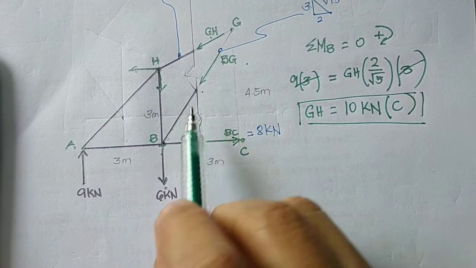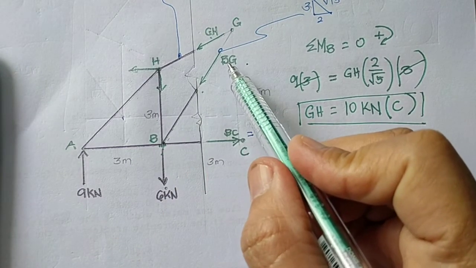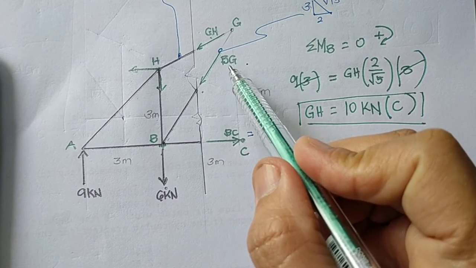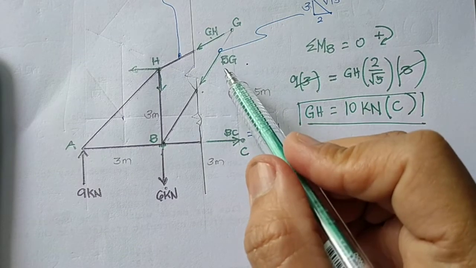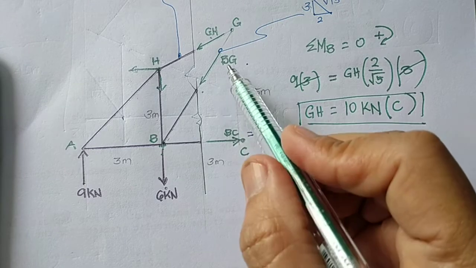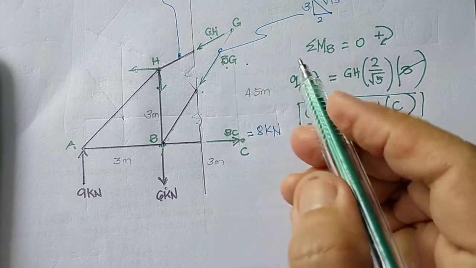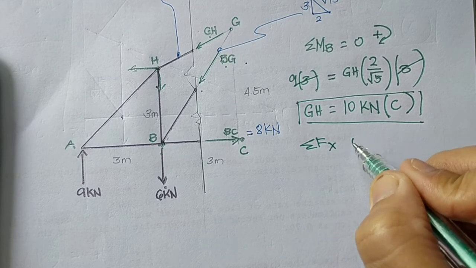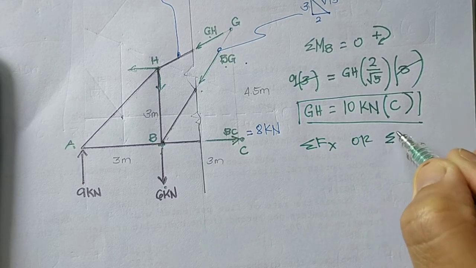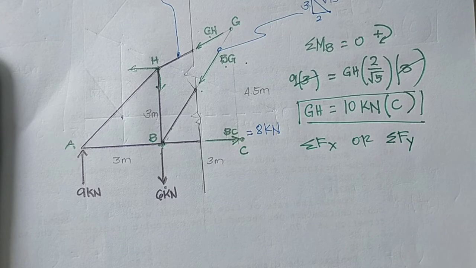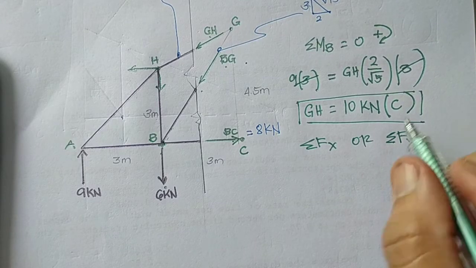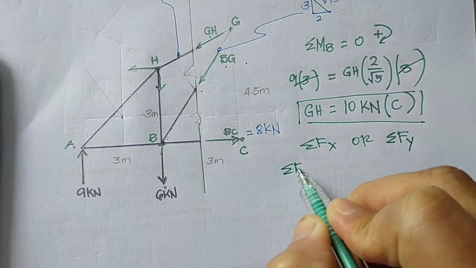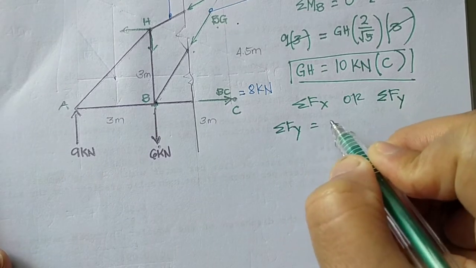Okay, so because BG is the only one left that the stress should be still determined, we can use the summation of force along x-axis or summation of forces along y-axis. So let us use the summation of force along y-axis equals 0.